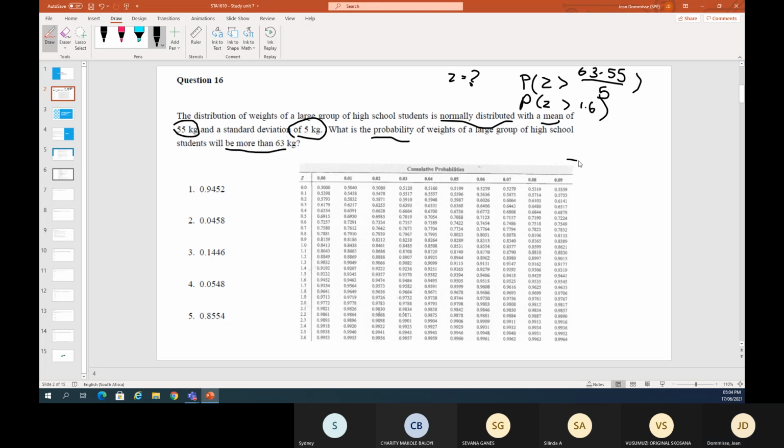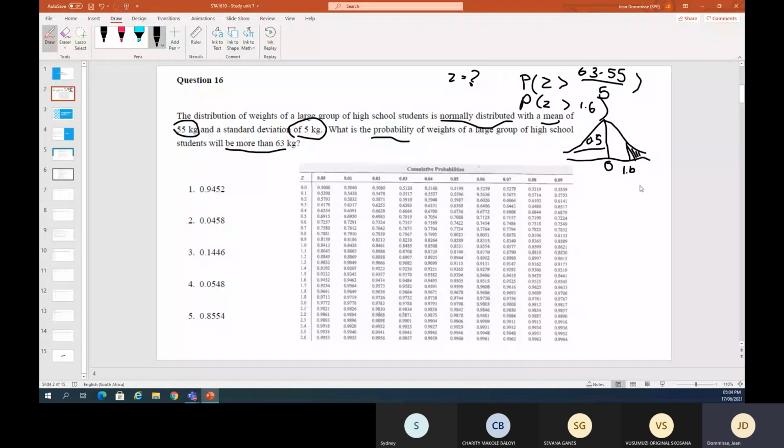And then again, I normally draw the normal diagram. 1.6, and in the middle, 0. So we know to that side of 0 it's 0.5. So this area we are looking for will be an answer that is less than 0.5. So not that option, not that option.